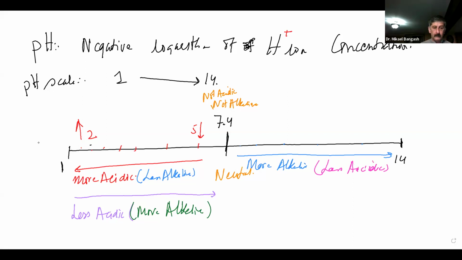Or on the other hand, if you go from an extreme alkaline environment or medium, and the pH value decreases, it's going to become less alkaline. And if it's less alkaline, it means it will be more acidic.